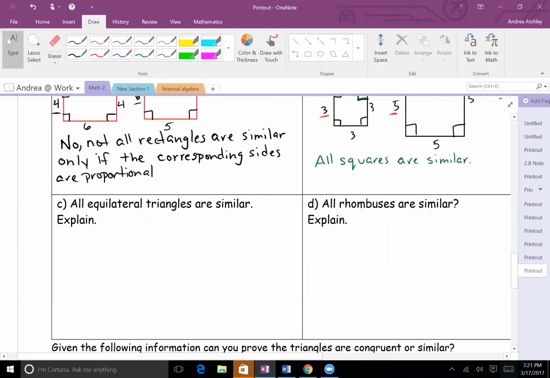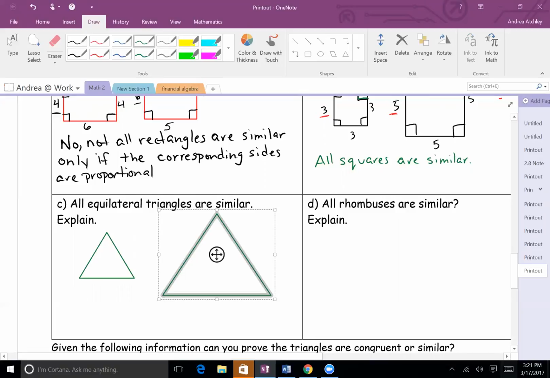Okay, how about all equilateral triangles are similar? So let's try and draw an equilateral triangle here. Okay.